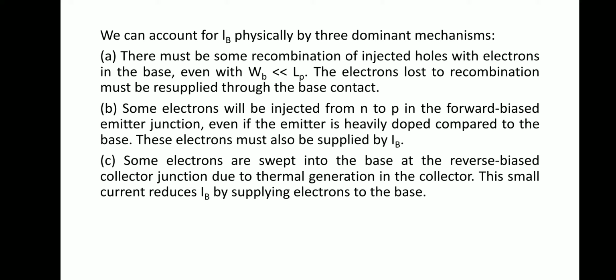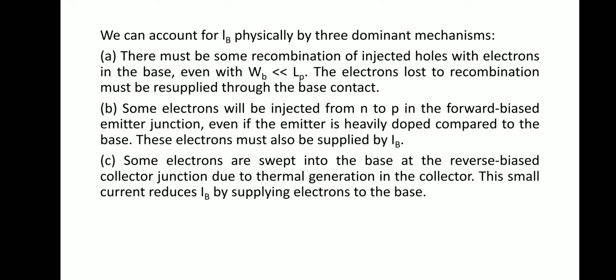And some electrons will be injected from N to P in the forward biased emitter junction. Even if the emitter is heavily doped compared to the base, these electrons must also be supplied by IB. We already said that electrons are the majority carriers in the base, and these electrons will diffuse into the emitter side through the forward biased emitter base junction, which also contributes to IB.